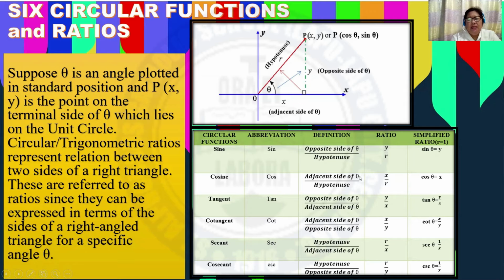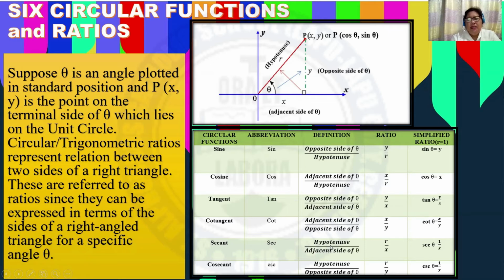the adjacent side of theta over hypotenuse for cosine. And for tangent, we have opposite side of theta over adjacent side of the angle. And for cotangent, we have adjacent side of theta over the opposite side of theta. And cotangent is the reciprocal of tangent.